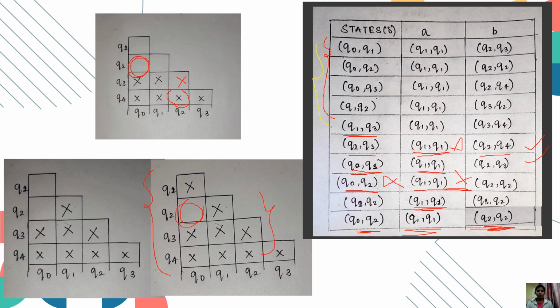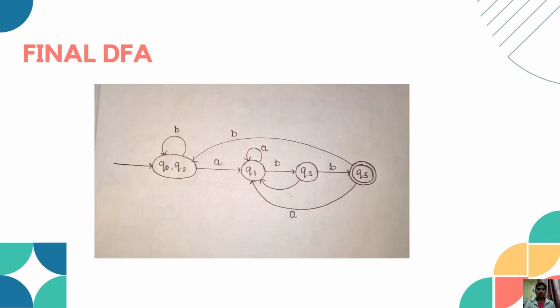Now according to this table, we will be making the DFA diagram. Because the Q0 and Q2 states are unmarked, we'll combine these states together and leave the rest of the states as single. So now here we have the final DFA, the minimized DFA. Remember we had such a big diagram. Now we have come to this small DFA. So we have the Q0 Q2 state which is unmarked, so we have combined both states.